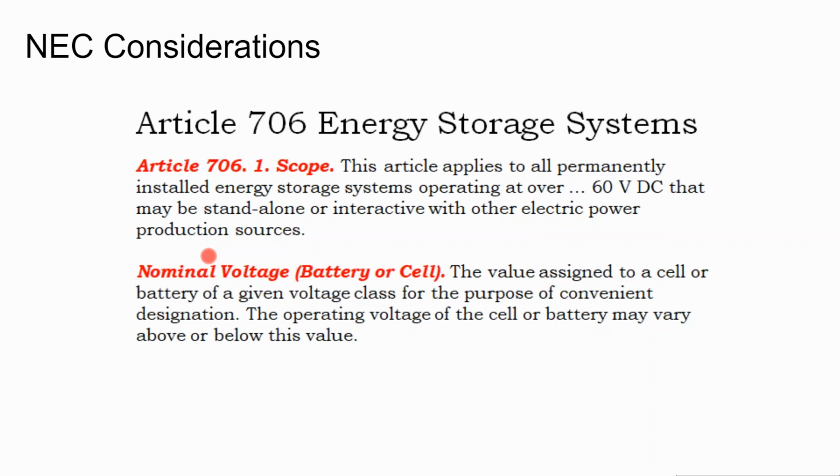But you still refer to it as a 48 volt battery bank, even though it might be charged up to 48 to 58 volts, even though when it's fully charged in its float range, it'll be hovering around 54 volts. Even when it's discharging and getting down into its lower voltage, it'll still be above 48 volts. It's just that 48 volts is kind of the nominal voltage or the nickname voltage of it.